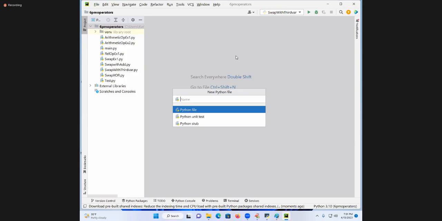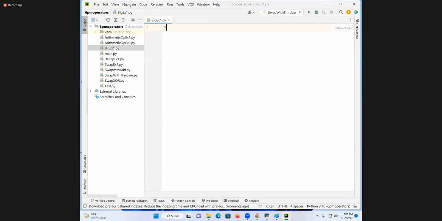Big_example1.py. Observe it. Program for finding the biggest of two numbers, and what next? Check for equality.